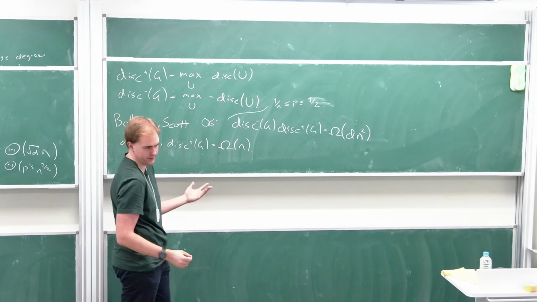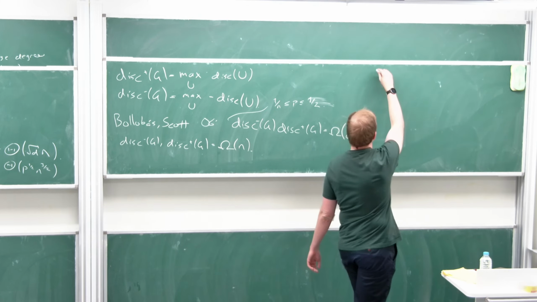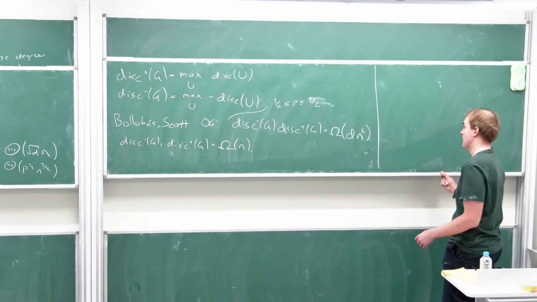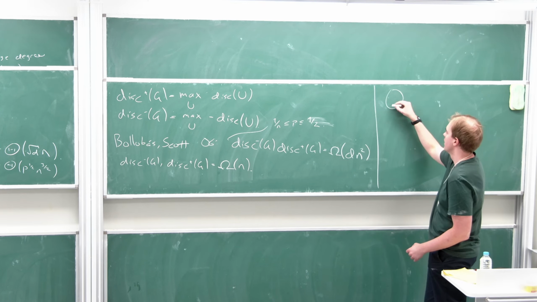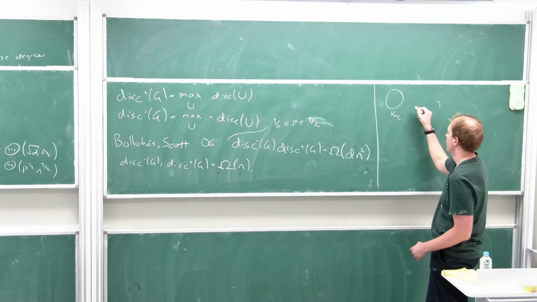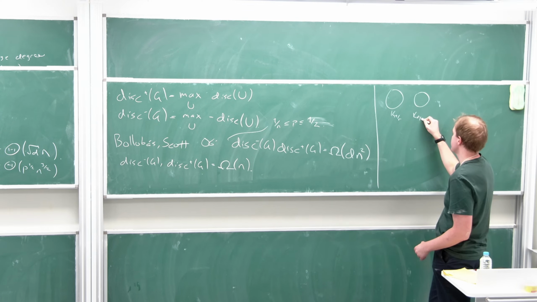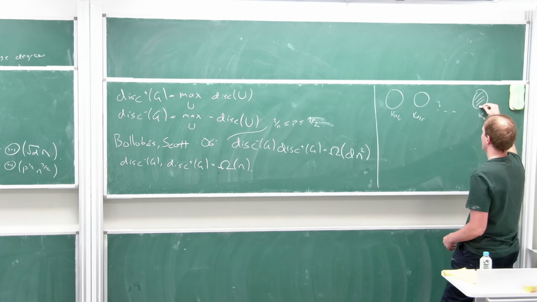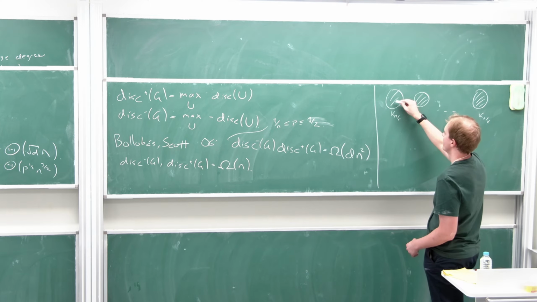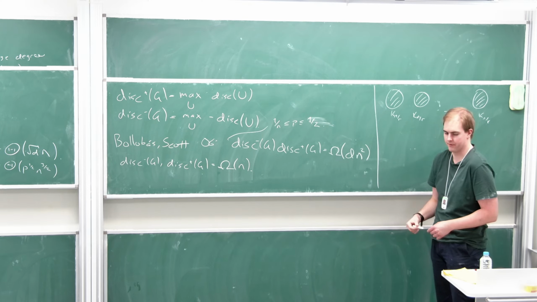So can they be linear? They can be linear. So if G is a disjoint union of cliques, how do we minimize the negative discrepancy?